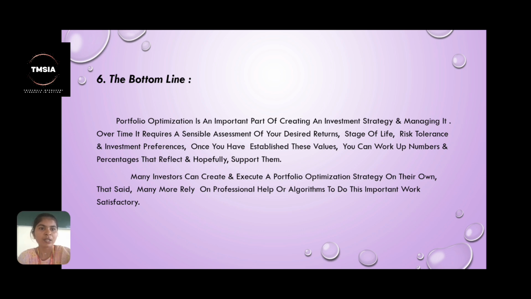Once you have established these values, you can work up numbers and percentages that reflect and hopefully support them. Many investors can create and execute a portfolio optimization strategy on their own. That said, many more rely on professional help or algorithms to do this important work satisfactorily.